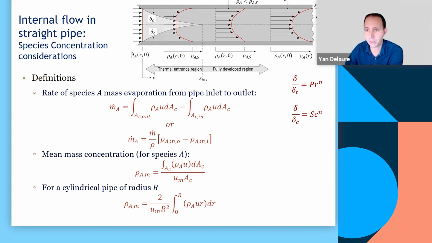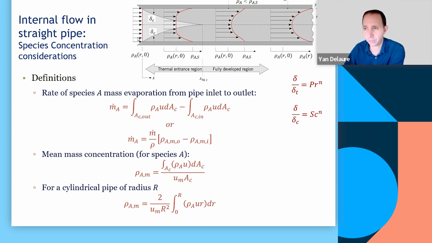So the concentration of species A is written rho A. R is a variable, a function of radial position, and x equals 0. At that point, we can assume things to be constant. So instead of having a dependence on R, well, there is a dependence on R, but we say that it is constant.